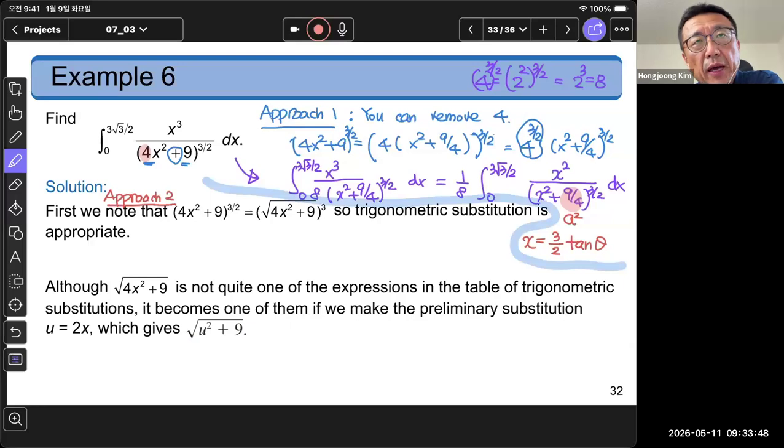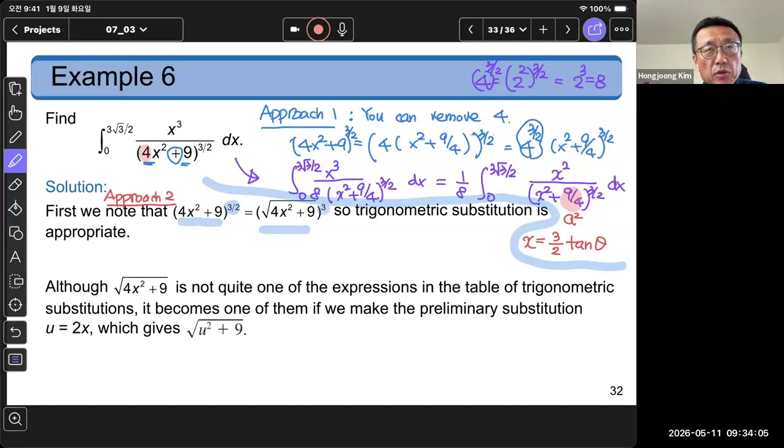Please note that, first of all, the 3/2 power of 4x squared plus 9 is the cubic power of this square root term.